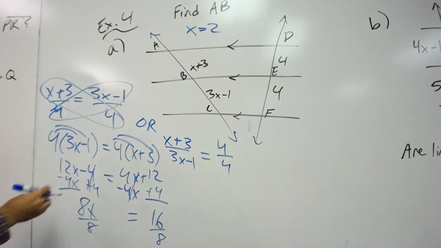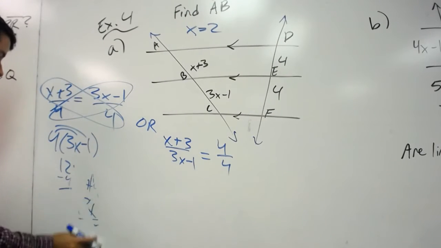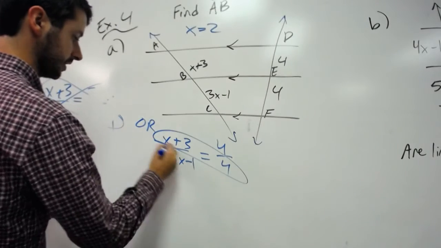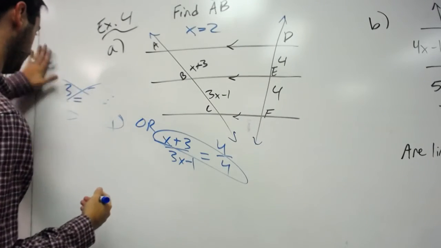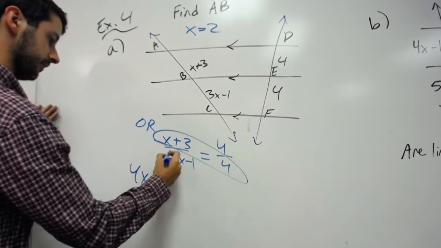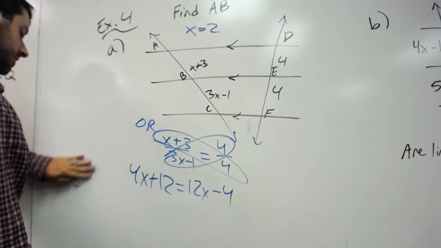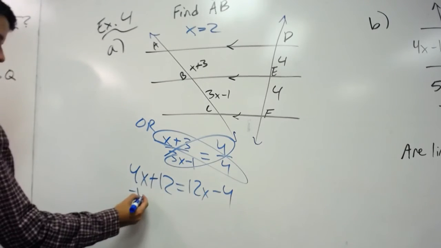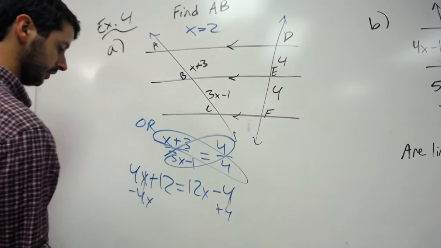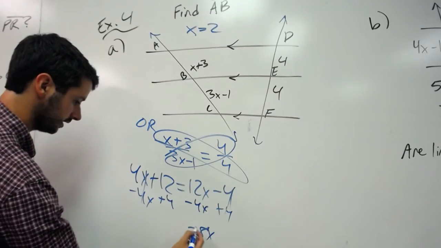I just want to show you that this other one works as well, and I'll do the math really fast. 4 times x plus 3, distributed, would be 4x plus 12. Then distributing here, that'd be 12x minus 4. That's the same as what we just had, because when we subtract 4x and add 4, we get 8x equals 16.